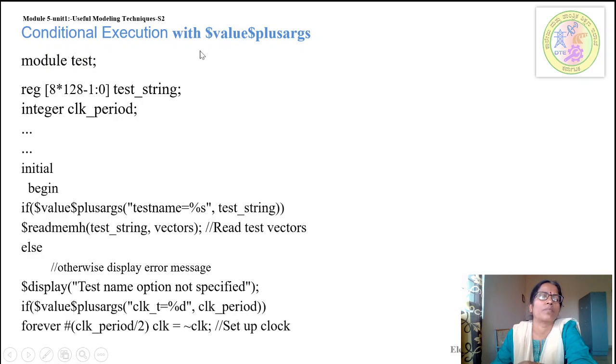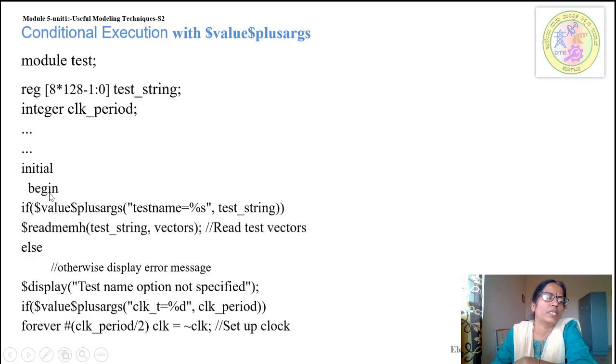With this example, $value$plus$args conditional execution is shown here. We are going to use a register that is 8 bits by 128, and a string, 1k, from 0 to 1024, and an integer clock period.